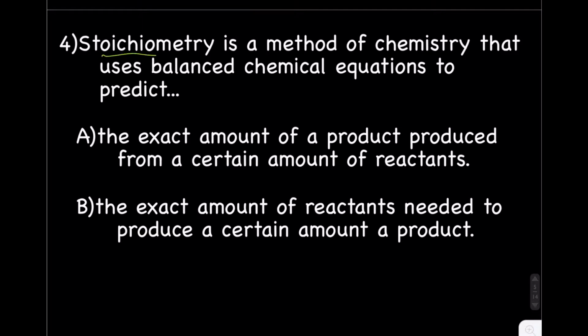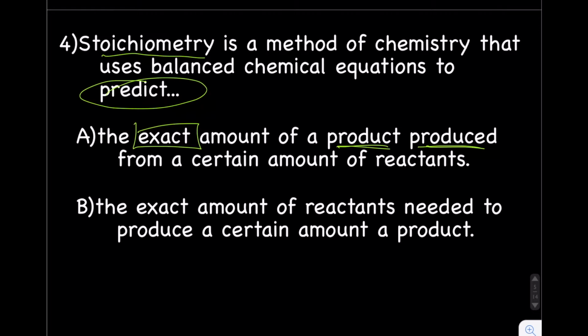So stoichiometry is a method in chemistry that uses a balanced chemical equation to predict, important, we're going to predict the exact amount of a product produced. If you know how much reactants you started with, you should be able to predict how much product you'll make.